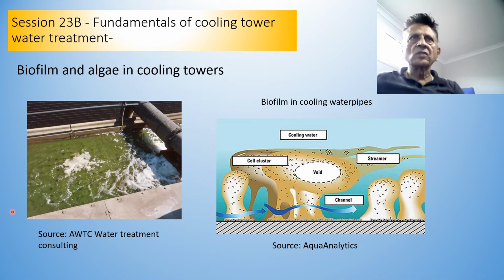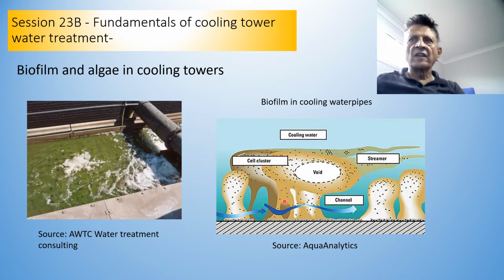Algae can also cause biofilm on the sides of the pipes or metals. These algae are small one-cell algae, and they will also be able to harbor bacteria.